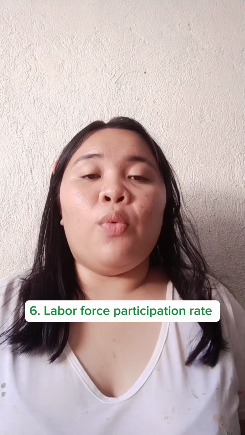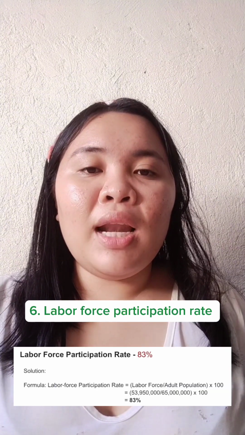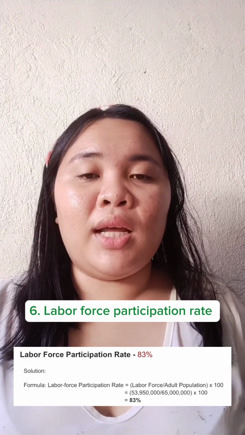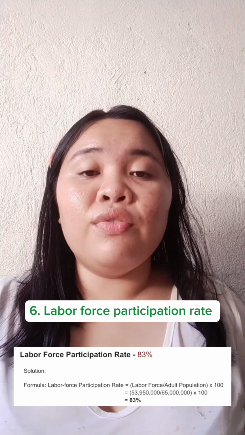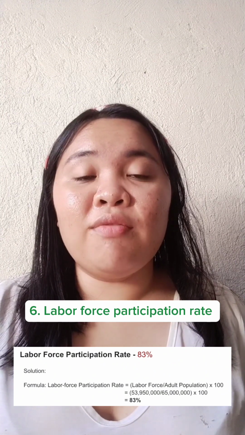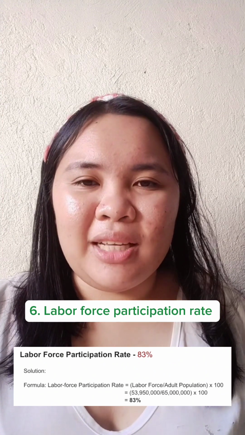Six is, what is the labor force participation rate? To get it, the formula is labor force divided by the adult population times 100. Therefore, 53,950,000 divided by the 65 million times 100 is equal to 83%.